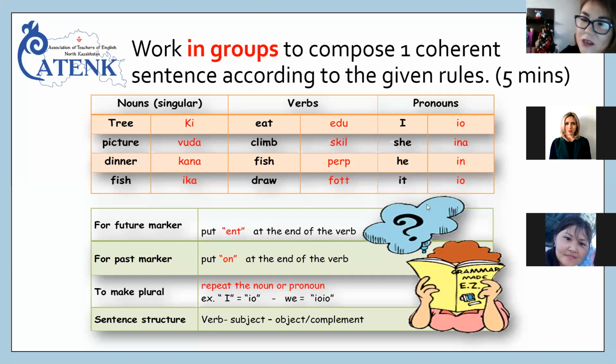How did you feel when you saw these instructions? Was it easy for you to understand the instructions or this task? Was it easy or difficult? What did you feel, Jazira?